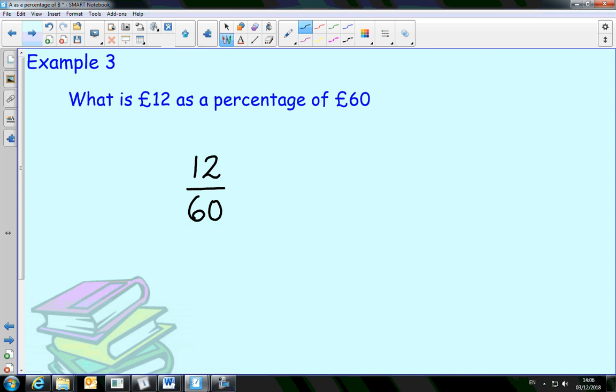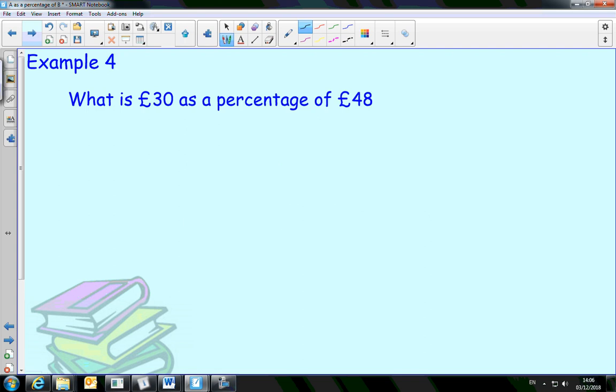We've written it as a fraction, we're now going to change it into a decimal. So to do so, we say 12 divided by 60. So that would give us a decimal. And then once we've got that, we're going to multiply by 100, which will change it into a percentage. So 12 divided by 60 times 100 will give us 20%.